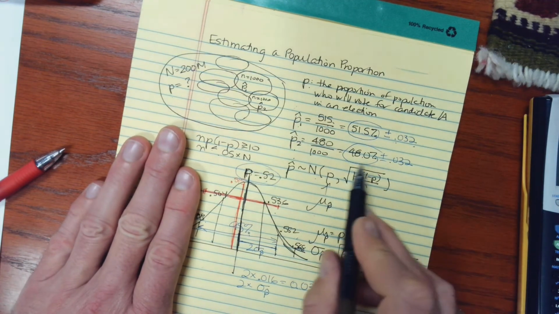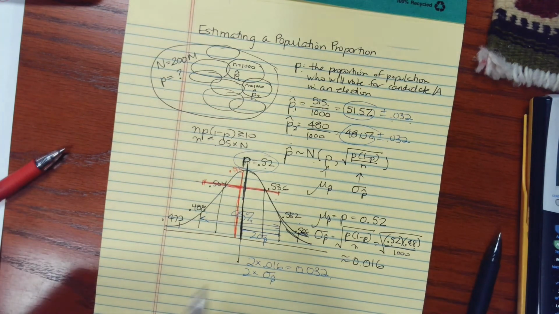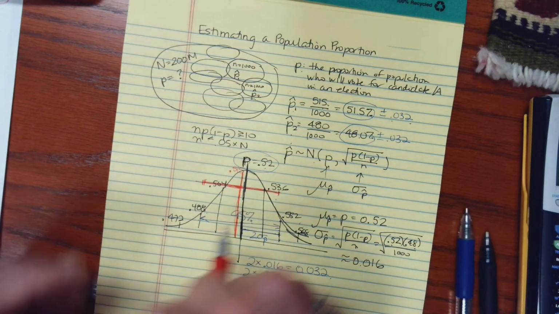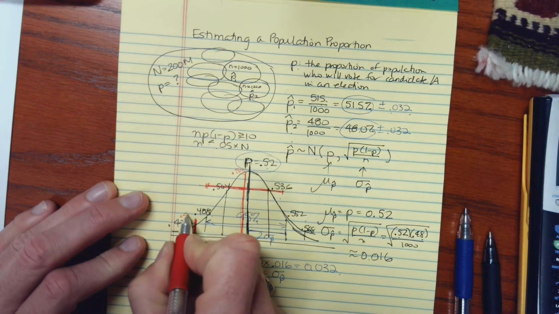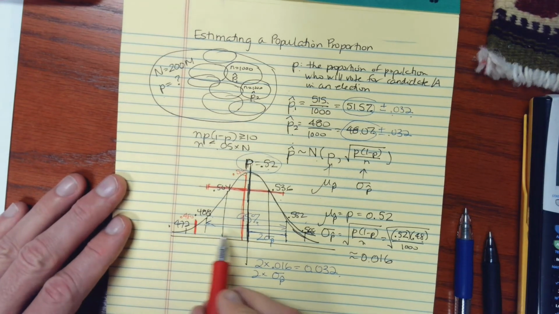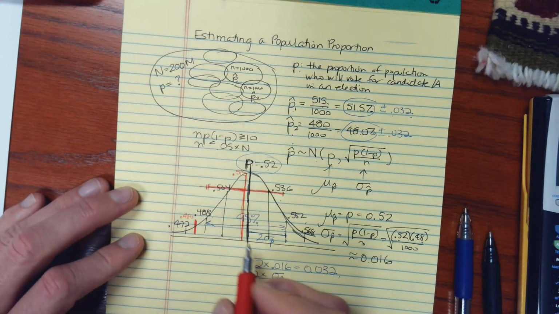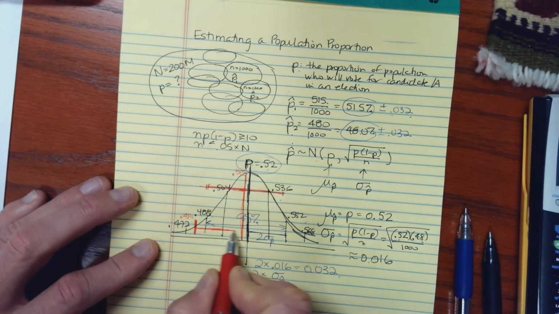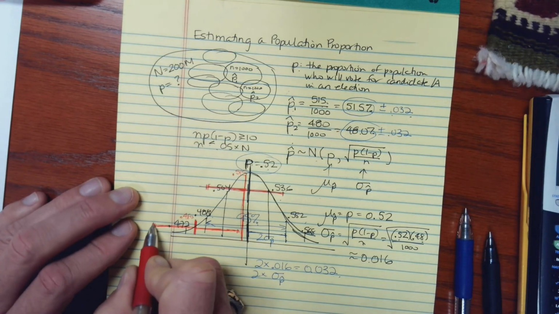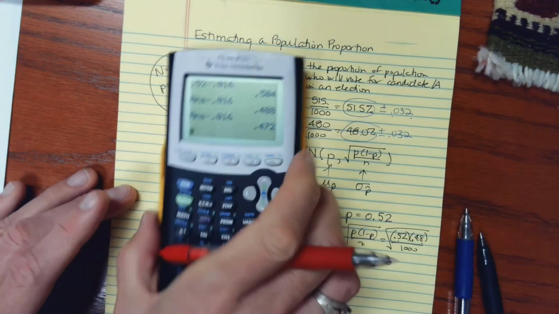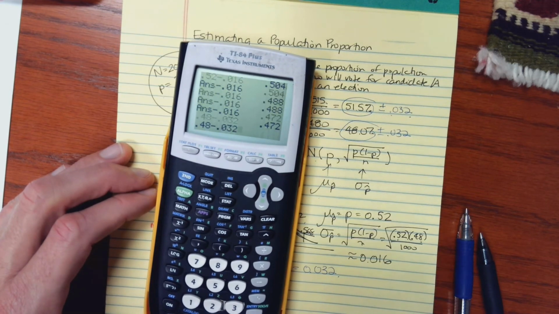Now, what about if I took this second sample where it was 0.480? That one is somewhere down here. Now, if I take the length of 2 standard deviations, and extend to here and to here, I can use my calculator and say 0.48 minus 0.032.